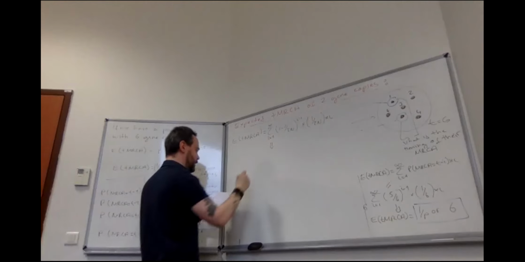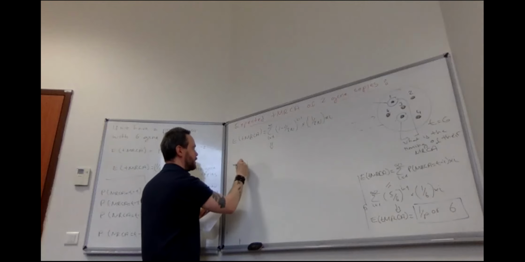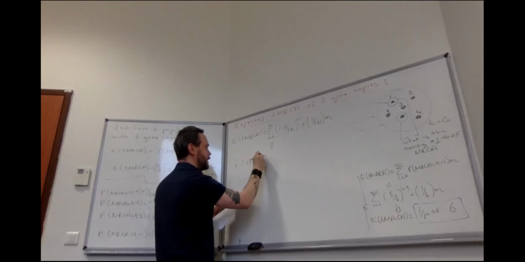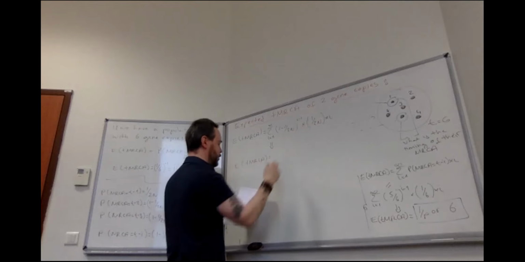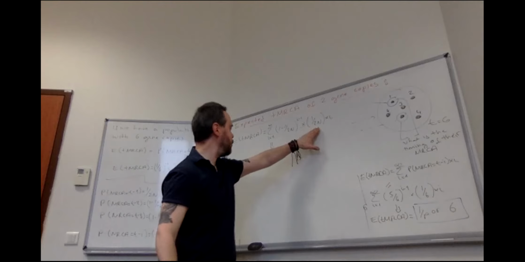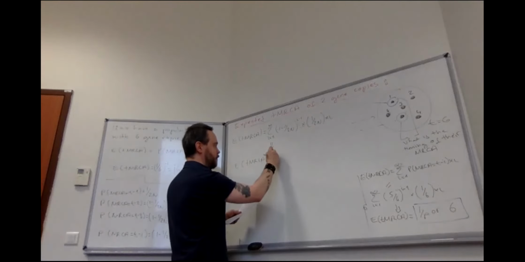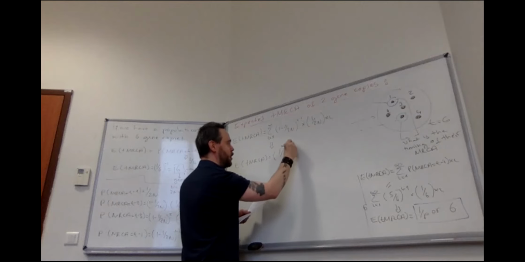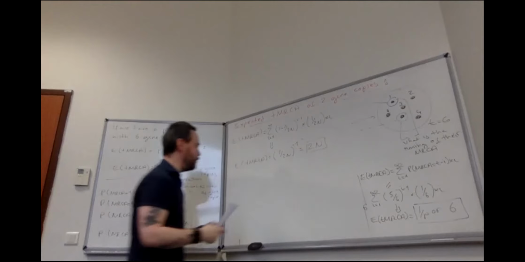And if we go down here, this would tell us the expected time to most recent common ancestor, in this case, would just be the inverse of 1 over 2. So the probability it takes me 1 generation to coalesce, so that would be the inverse of 1 over 2, which is just 2n. So this is the general formula.